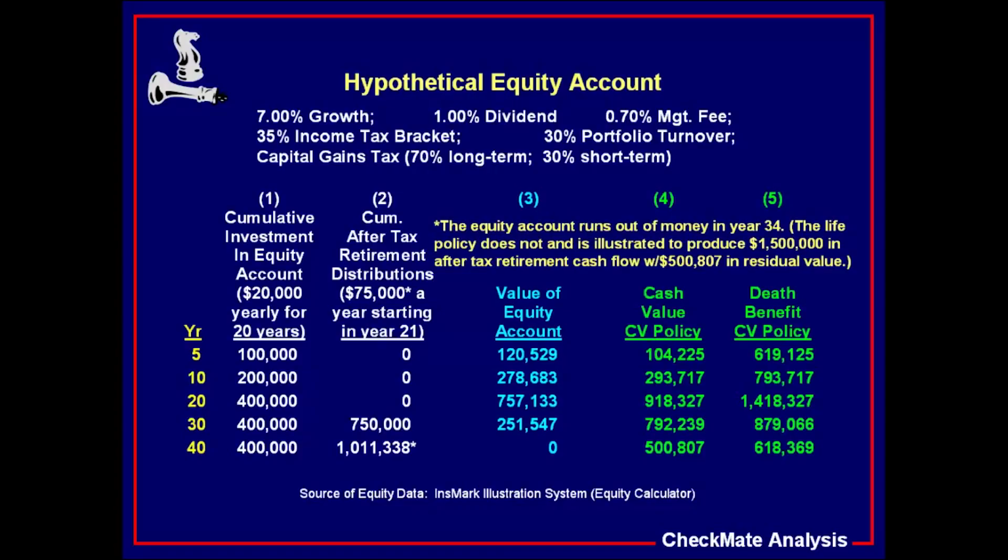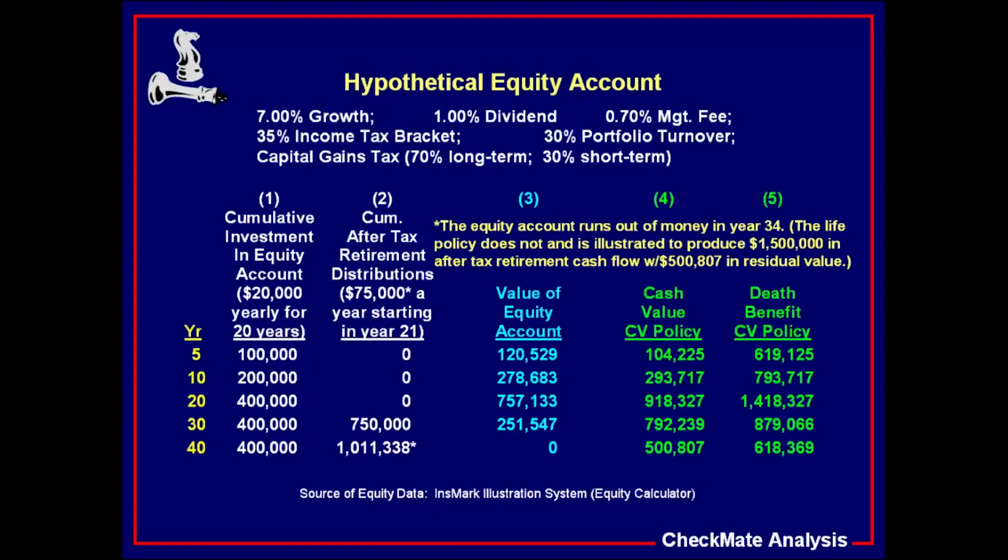But if you take the same yield on an equity account, you've got management fees, you've got income tax on short-term turnover, you have capital gains tax on long-term turnover. There's a lot of things that can nip at the growth of an equity account. In this example, I'm going to use an equity account at 7% growth, 1% dividend to get the same 8% comparison to the policy.